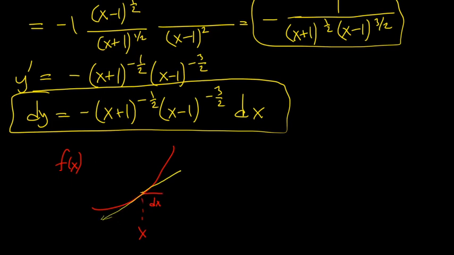Okay, so this is my dy, whereas the delta y is the difference from here to here. Okay, good. So again, it's maybe not a good approximation in this case, but it's because the dx is too large. If the dx were smaller, then the dy is a much better approximation to the delta y. Okay, I hope this helps.